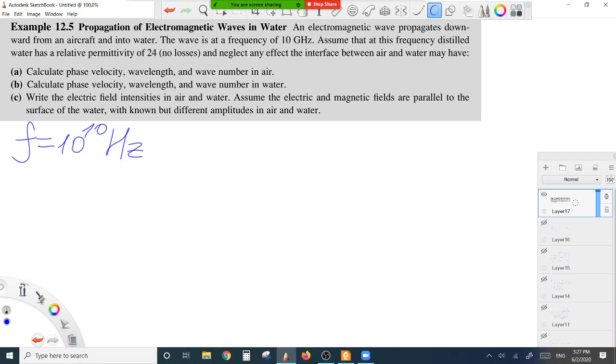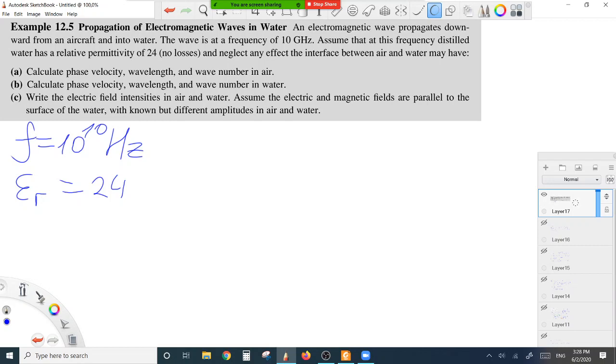So relative permittivity epsilon r we are given as 24.